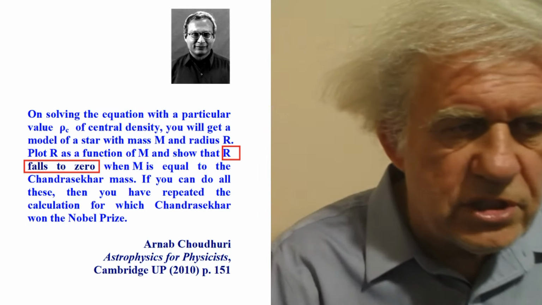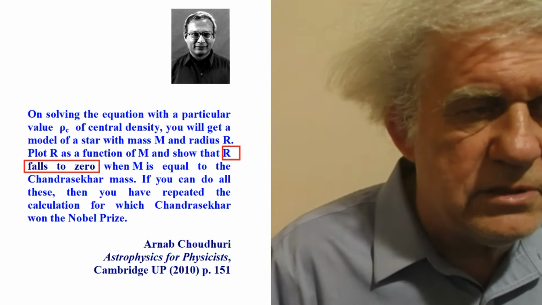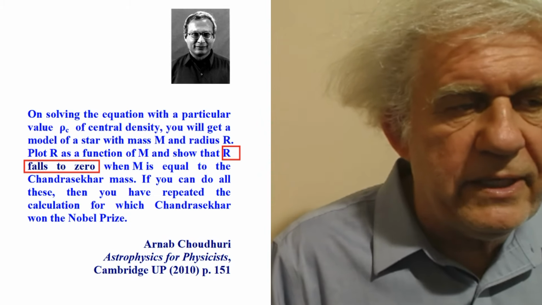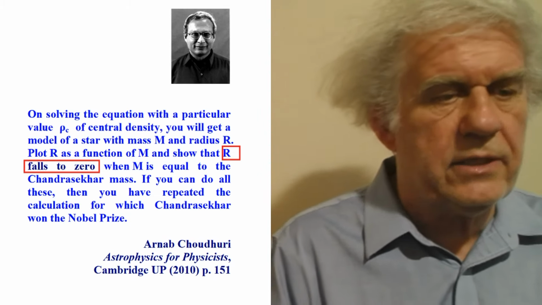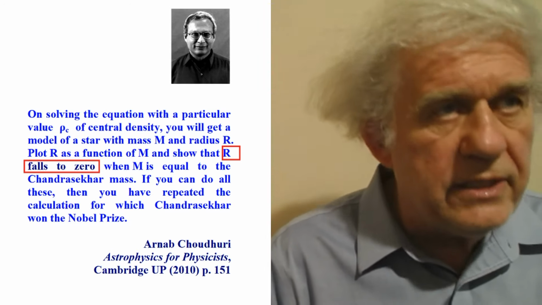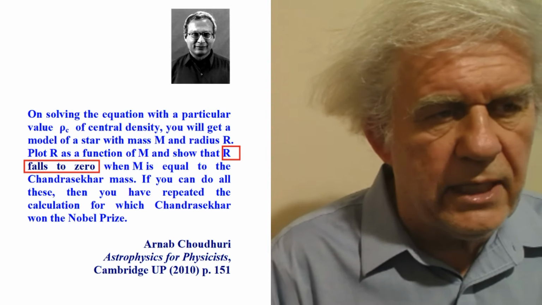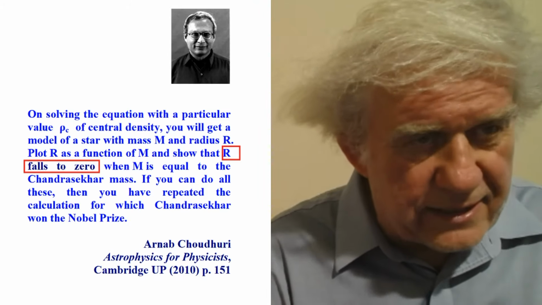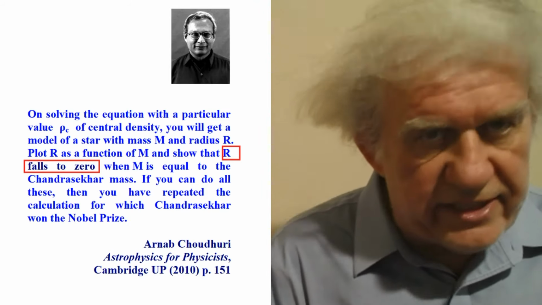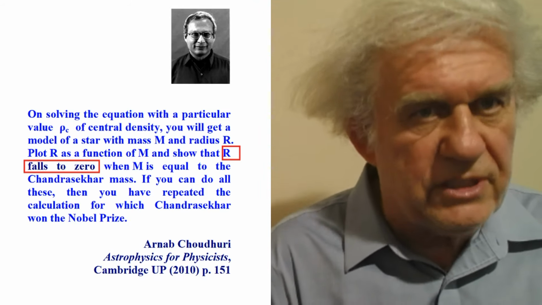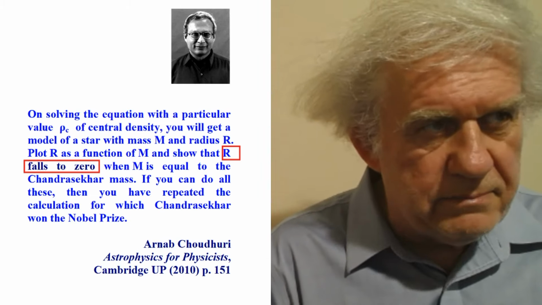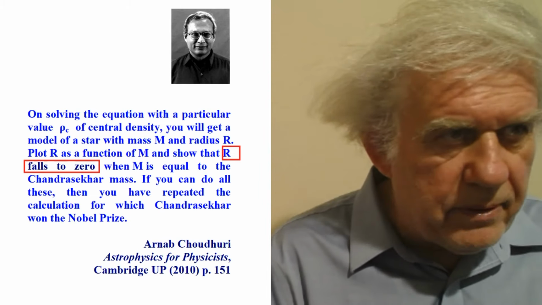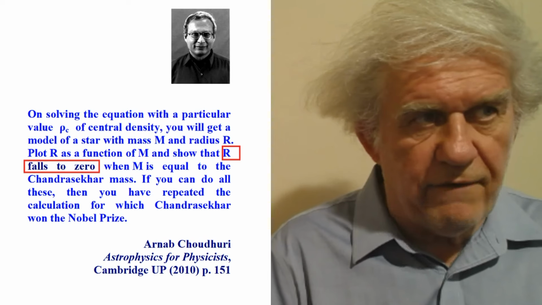Radius falls to zero when m is equal to the Chandrasekhar mass. If you can do all these, then you have repeated the calculation for which Chandrasekhar won the Nobel Prize. He won the Nobel Prize, Subramanian Chandrasekhar, for proving mathematically that a star collapses to nothing, to zero size, to a singularity. No volume, no diameter, no radius, no shape, no nothing. It's a definition of nothing.